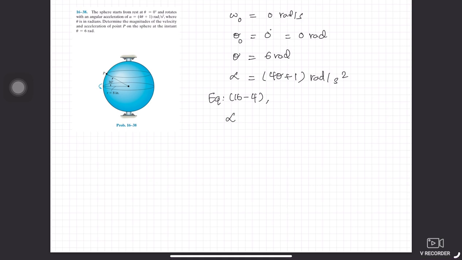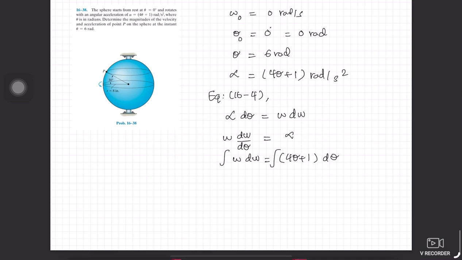So it's alpha d theta is equal to omega d omega. Since they have differential forms, we will need to use integration. So omega d omega by d theta is equal to alpha, and alpha is equal to 4 theta plus 1, and then d theta will move to this side, omega d omega, and we will take integration on both sides.